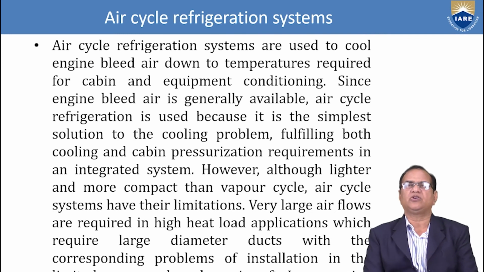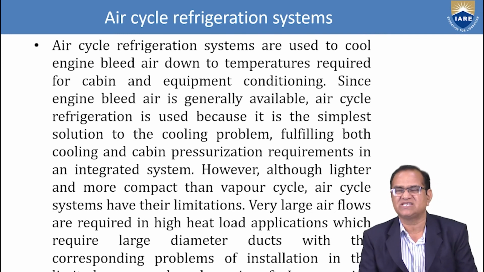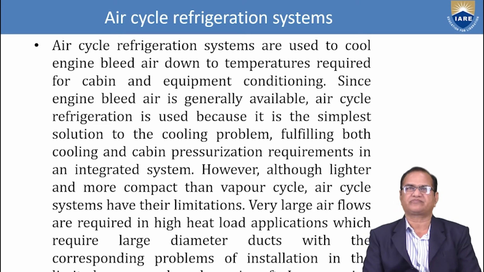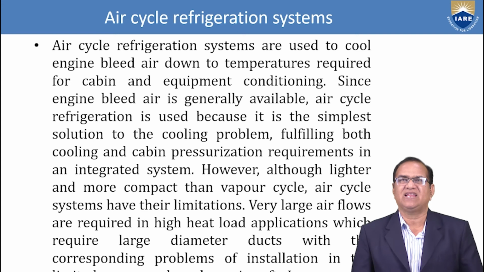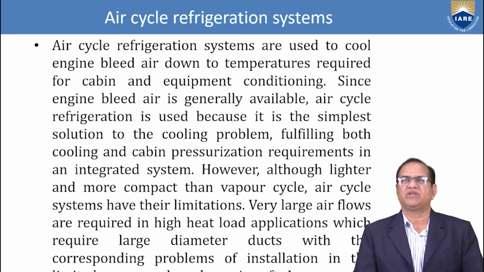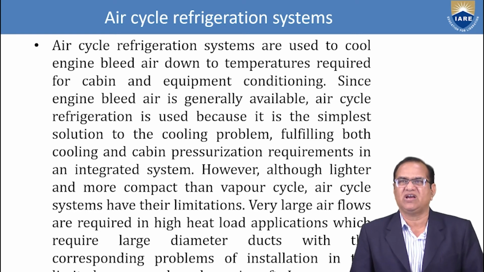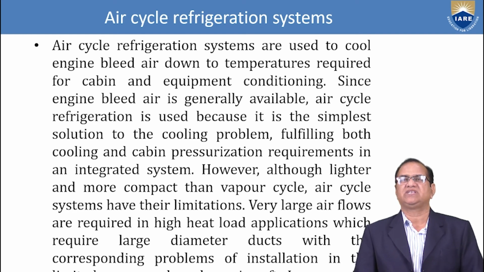Now I am going to talk about the refrigeration system and how this refrigeration is taking place. Air cycle refrigeration systems are used to cool engine bleed air down to temperatures required for cabin and equipment conditioning. Since engine bleed air is generally available, air cycle refrigeration is used because it is the simplest solution to the cooling system.